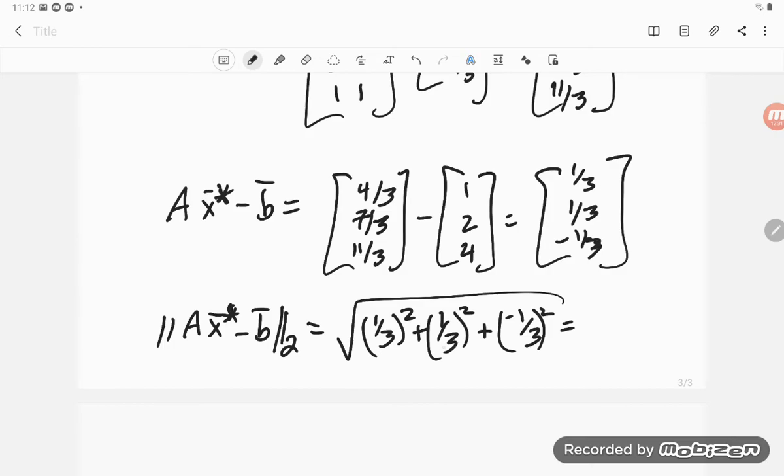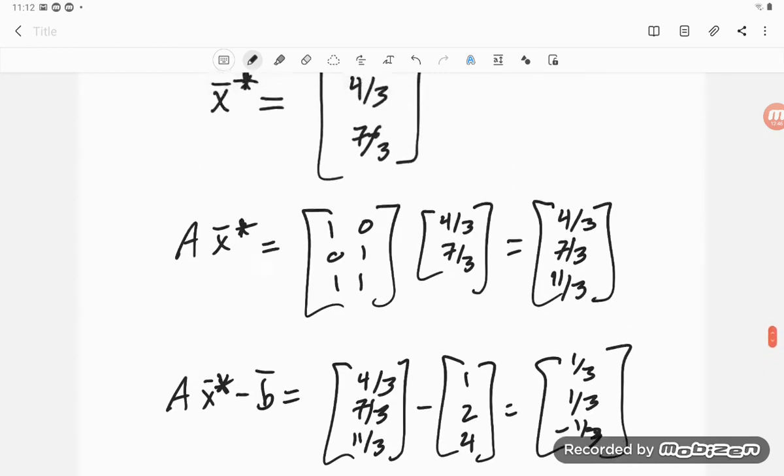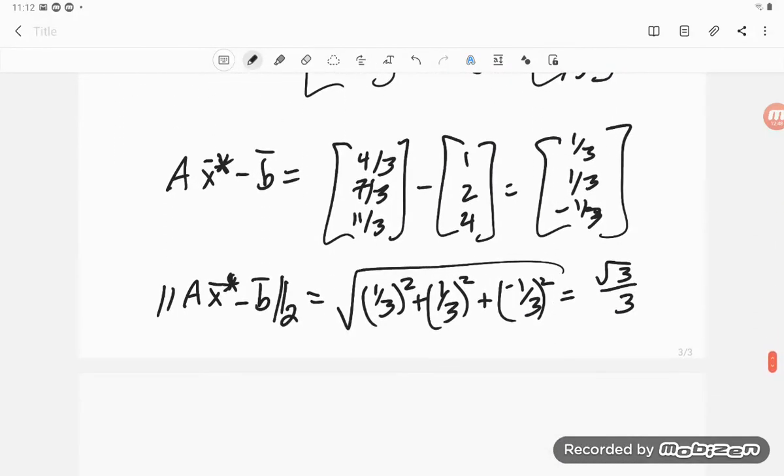And so I get 1/9, 1/9, 1/9. That's 3/9. So the square root of that is the square root of 3 over 3. And so that's as close an answer as I can get in that 2 norm. And so that's all least squares is.